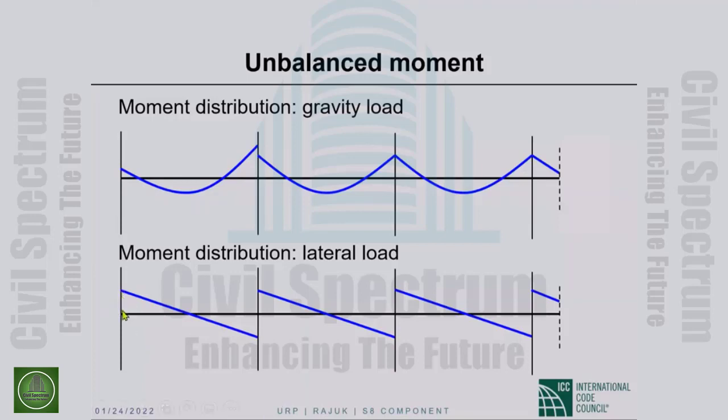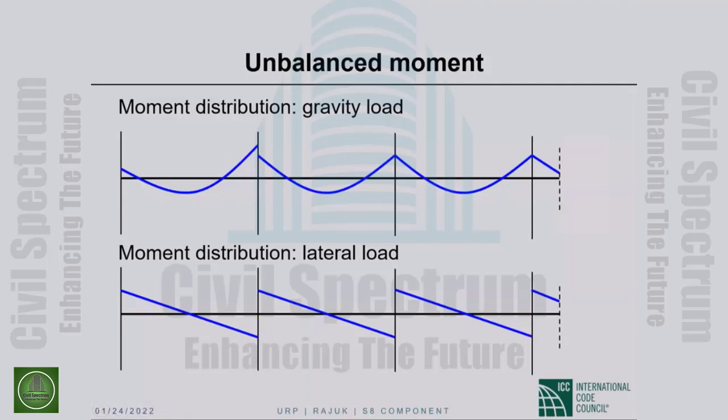This moment at the exterior support has to go to the column, no different from the case under gravity. But the big difference is at the interior column, every interior column: the unbalanced moment now is the sum of the bending moment to the left and the bending moment to the right.